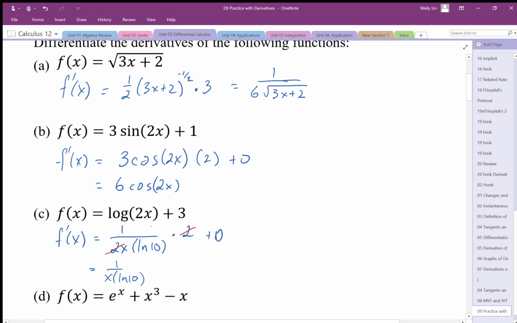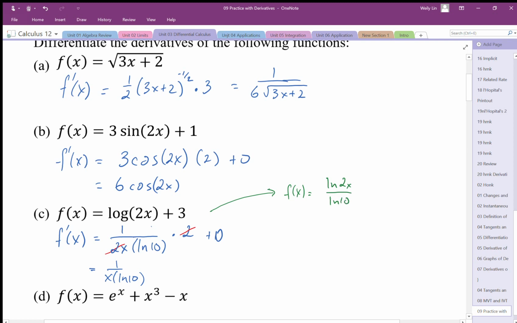Okay, so a couple things we can look at here, and this is really just looking at using exponent properties. And we can actually just use exponent properties to make life easier for us here. So I could actually use exponent properties to say that f of x is really equal to ln 2x over ln 10.